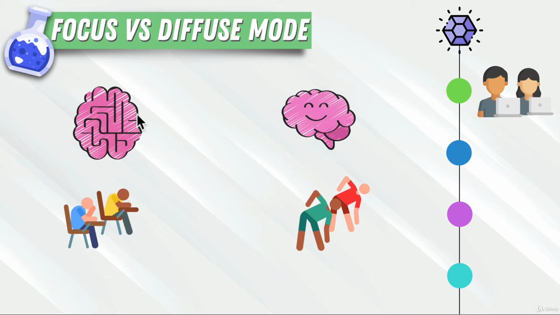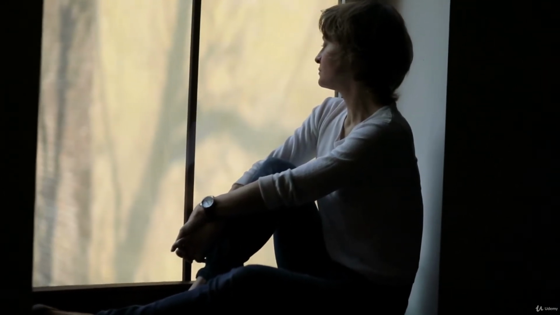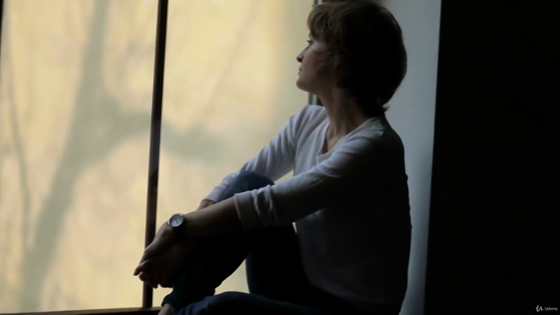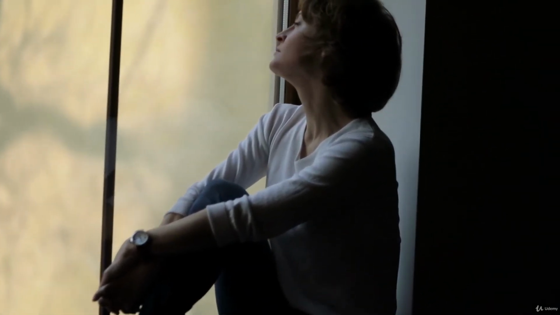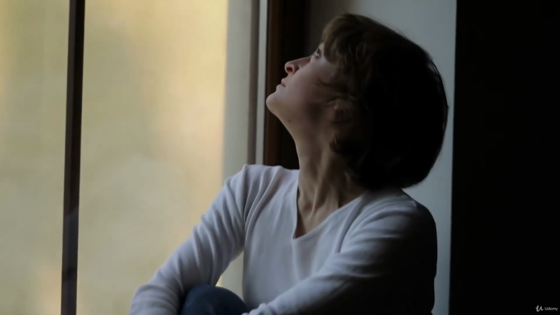And the focus mode of thinking actually activates the prefrontal cortex of your brain. That is right over here, the front part of your brain. Now, the other mode, which is the diffuse mode, is a little bit different. Diffuse mode is, well, the opposite. It's when your brain is just daydreaming, thinking of different things. We let our minds wander. And in this case, many different areas of the brain are activated.